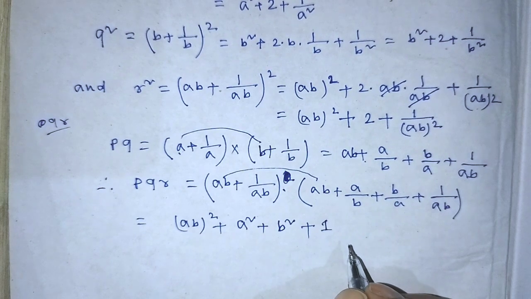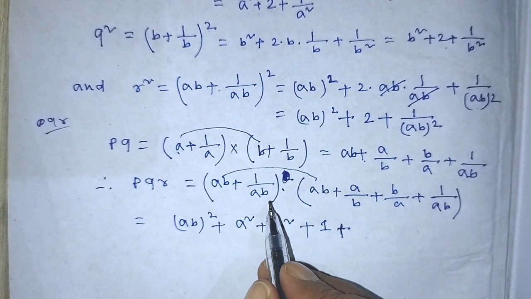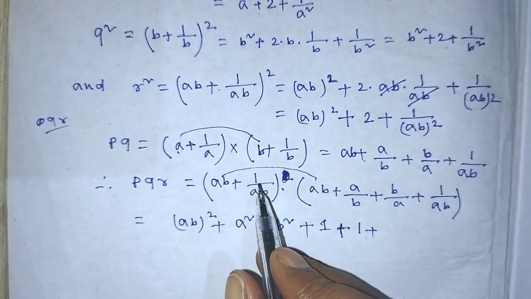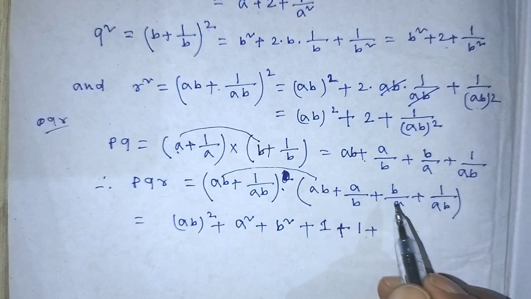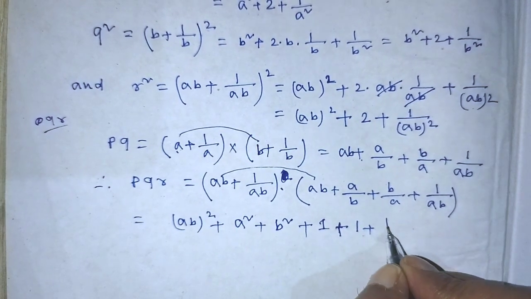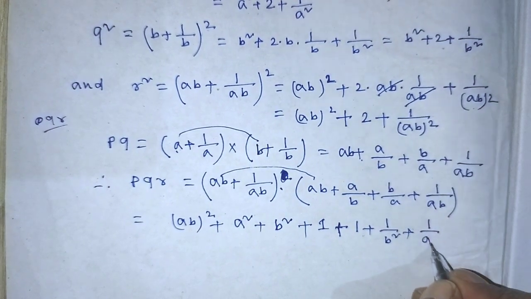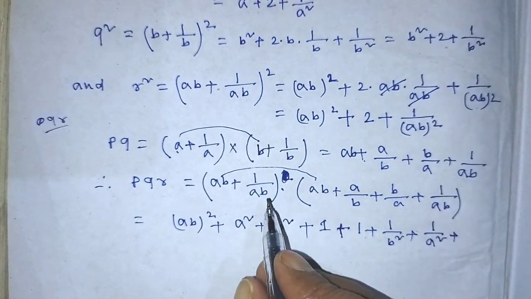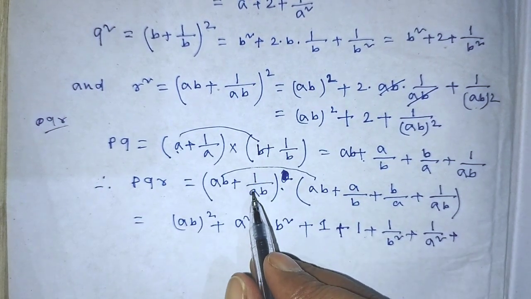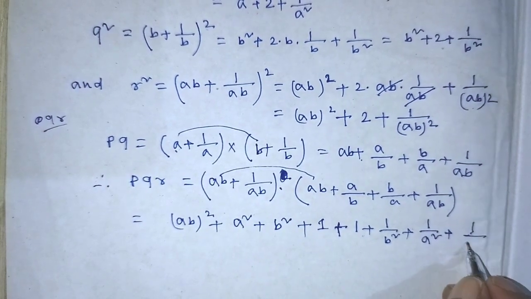Okay, and similarly if you multiply 1 over ab with ab, then you get 1, plus 1 over ab into a by b, then you get 1 over b square, plus 1 over a square, plus in the last term we have to multiply 1 over ab with 1 over ab, that is 1 over (ab) whole square.